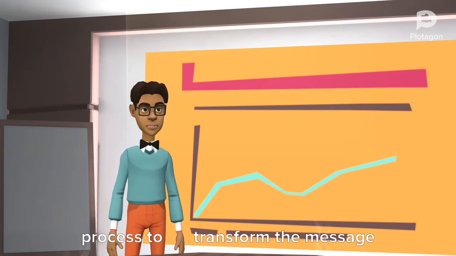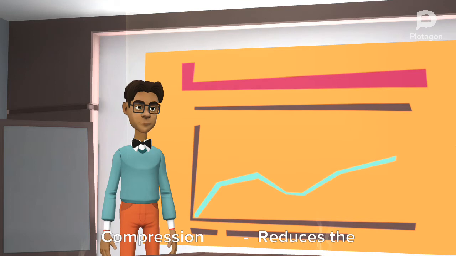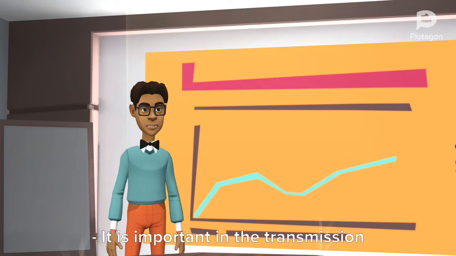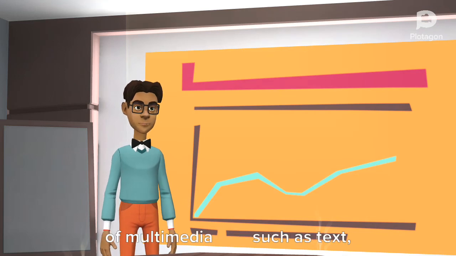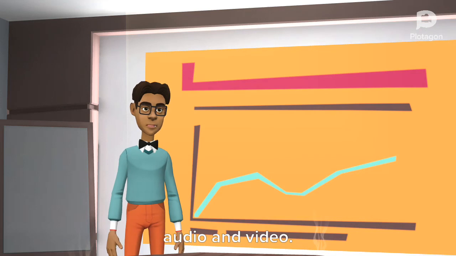Decryption reverses the process to transform the message back to its original form. 3. Compression reduces the number of bits contained in the information. It is important in the transmission of multimedia such as text, audio and video.